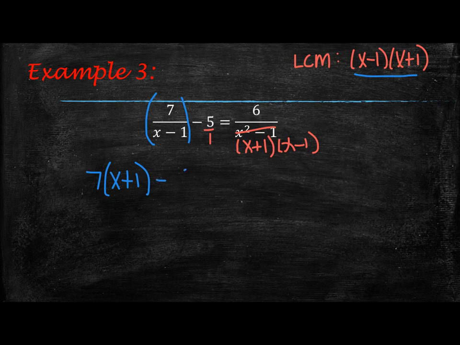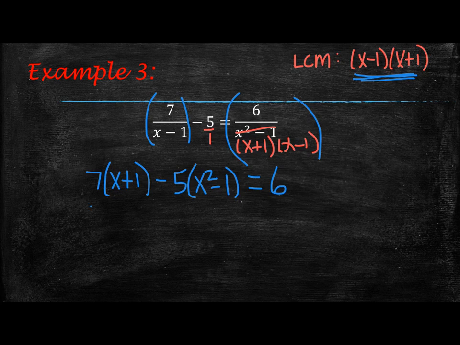Now the minus 5 is going to have to get multiplied by both of them. Now we could go ahead and multiply those back together and say that's x squared minus 1 to save us time. And then it's equal to 6 over, well, when I multiply this whole thing by that LCM, nothing's missing, so it's going to stay as just 6.